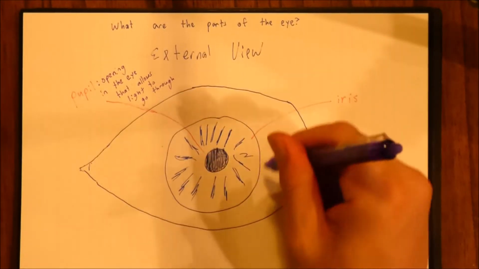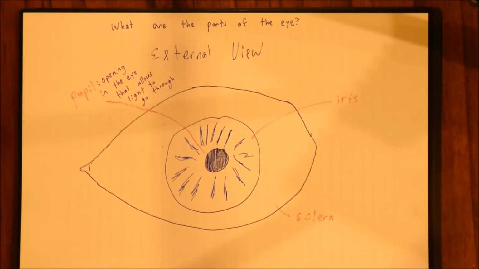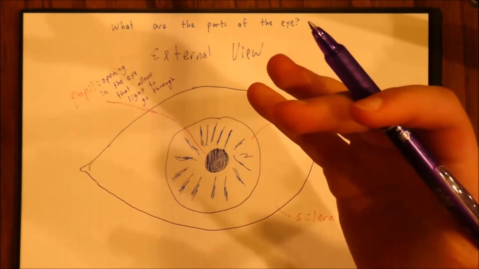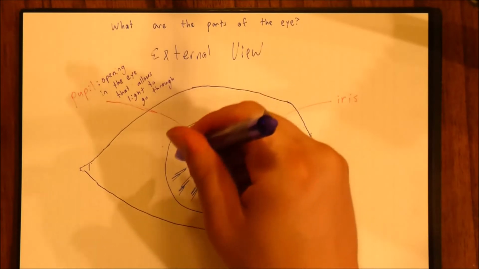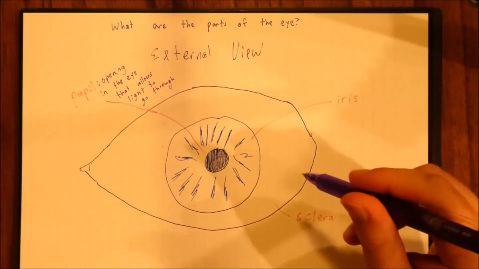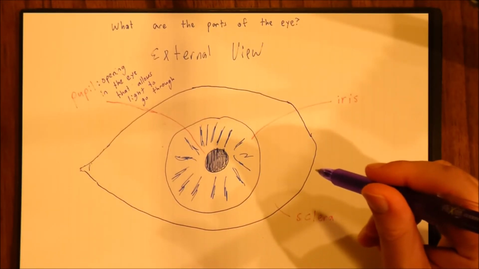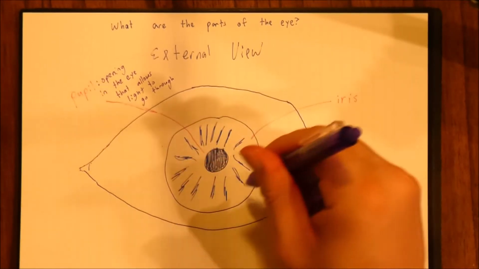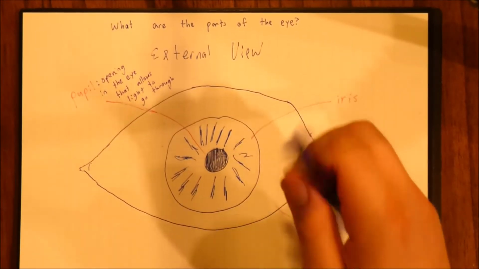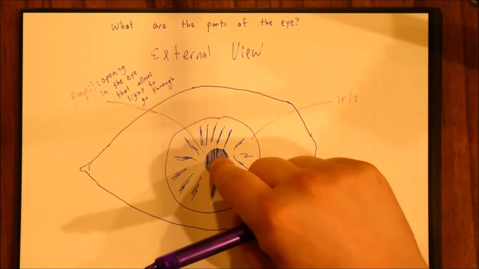Now, surrounding your pupil, this is the part that, when people say you have blue eyes or brown eyes or green eyes, gives you that color. This is the iris. The iris has a bunch of muscles inside of it, and its primary job is to open and close the pupil.